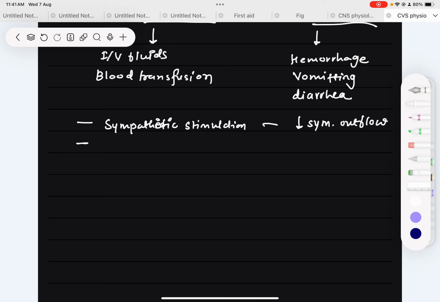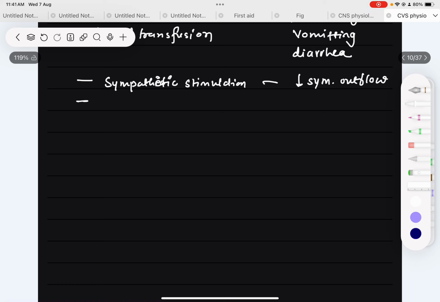There are certain mechanisms that help this capacitance vessel in the venous part to increase venous return. First, the skeletal muscle pump. Calf muscle contraction will increase the venous return. Then the respiratory pump.